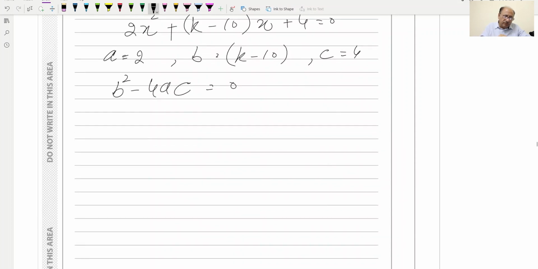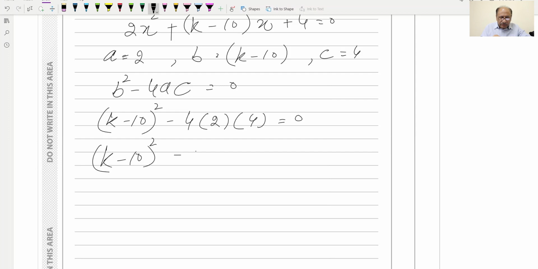So it will be (k minus 10) squared minus 4 times 2 times 4 is equal to 0. 4 times 2 times 4 will be 32, so we get (k minus 10) squared minus 32 is equal to 0.